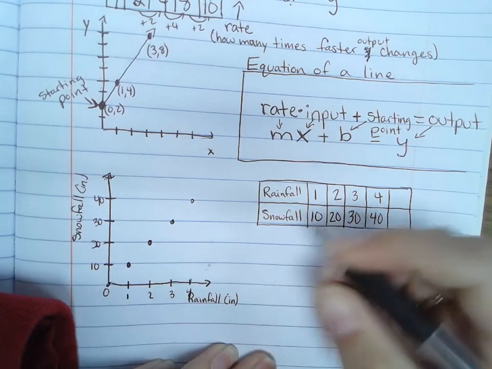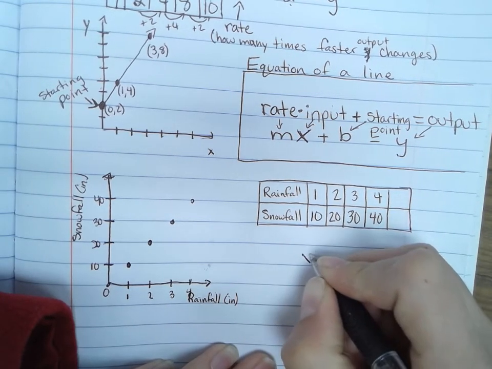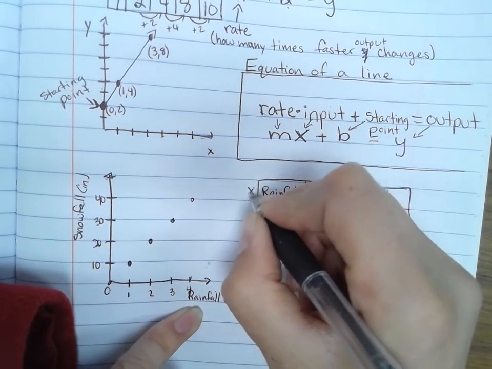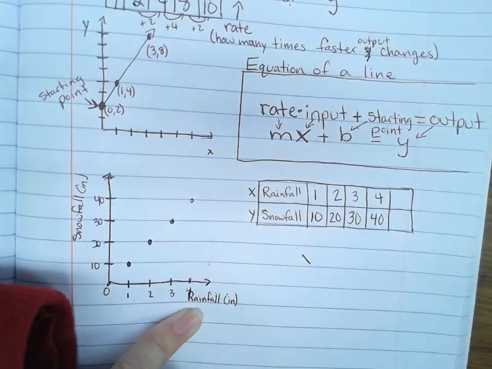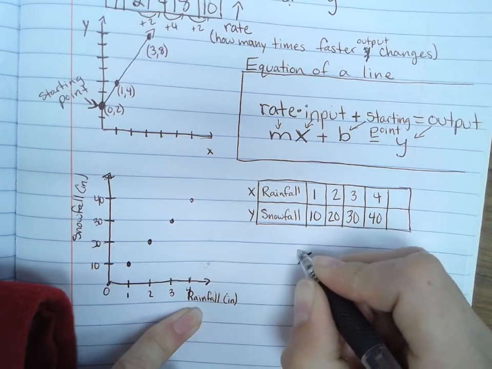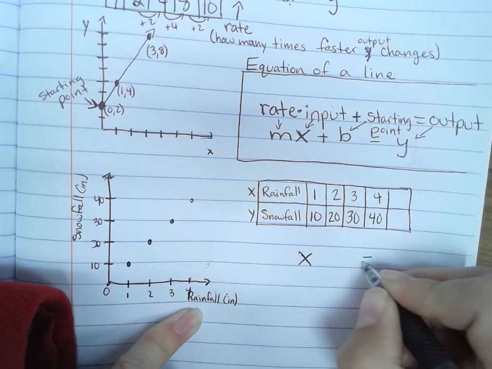But if we want to write an equation, we have our input, which is on the x-axis. We can call it x and y. We could also call it r and s if we wanted to. So what do we have to do to the input to get the output?